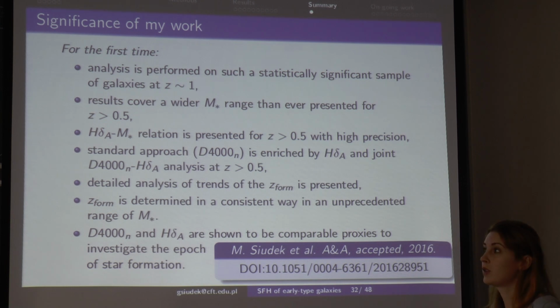We show for the first time such a detailed analysis of the H delta index as a function of stellar mass and redshift, and we estimate the redshift of formation, which shows consistent results with previous ones. Of course, all the results were presented on two independent measurements of H delta and D4000 and give consistent results.